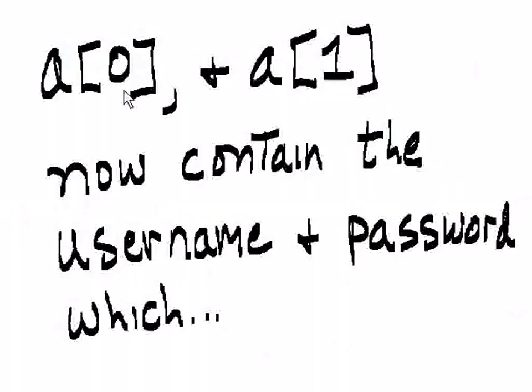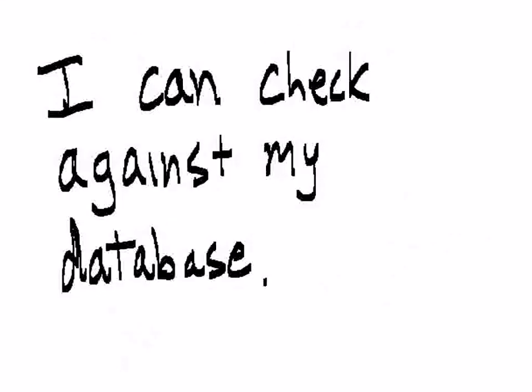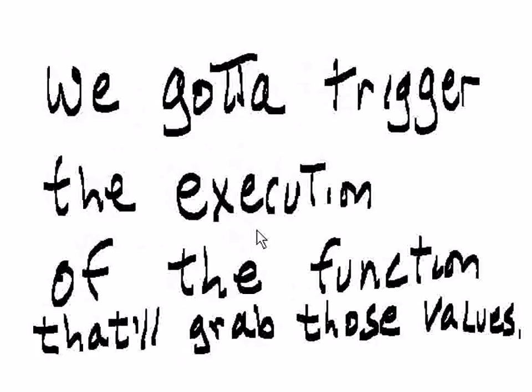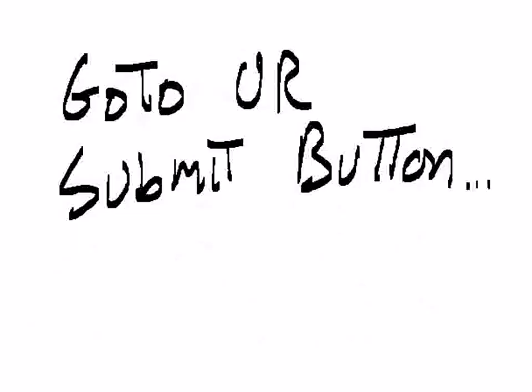So A element 0 and A element 1 now contain the username and password, which I can check against my database. Well, that is for later. Right now, we've got to trigger the execution of the function that'll grab those values.